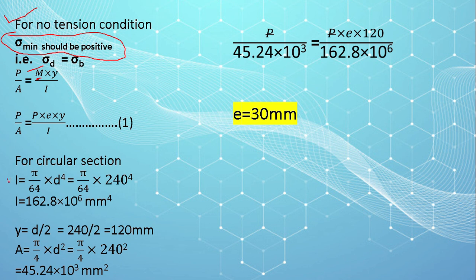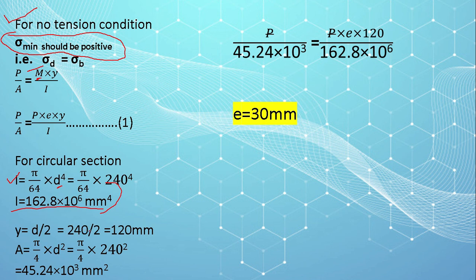For circular section, moment of inertia is pi by 64 d raised to 4. So put value of d 240. Therefore, moment of inertia is 162.8 into 10 raised to 6 mm raised to 4. Now distance of extreme fiber from axis is d by 2.